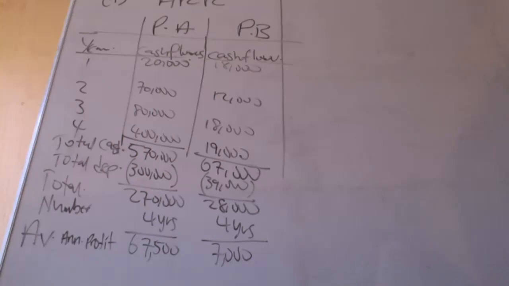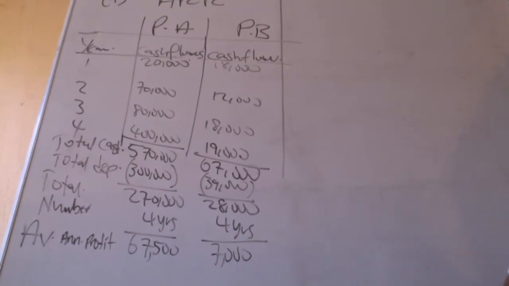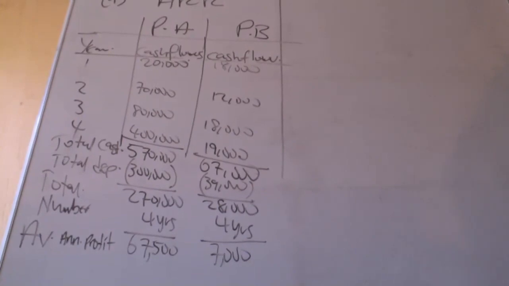How do you get average investment? It is the initial investment plus the scrap value all divided by 2. Good. After the answer, if there's any working capital, you add it. So that is it.